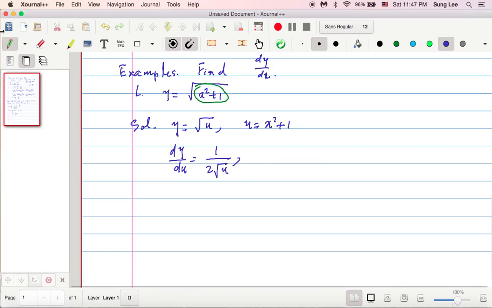And du by dx, no problem. That's simply 2x.